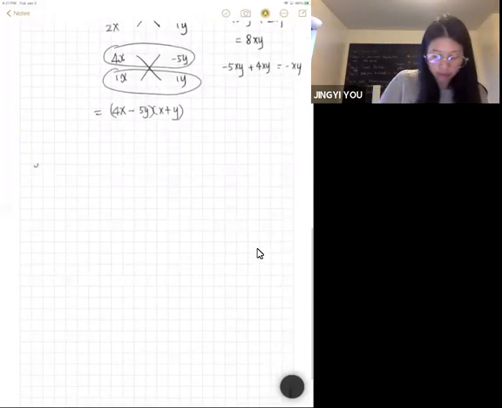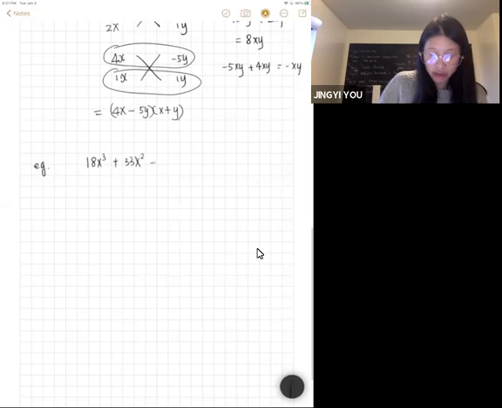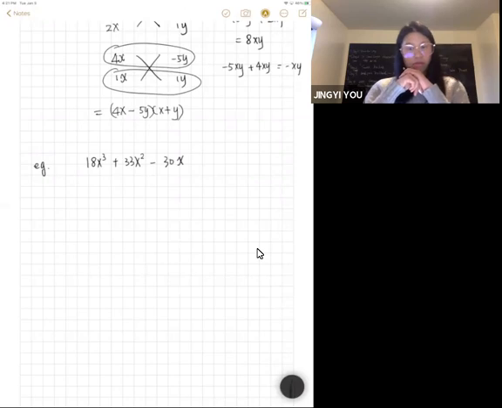Okay, another example is 18x cubed plus 13x squared minus 30x. So first of all, when you look at these, I never did cube before, right? We only do the highest power would be x squared.